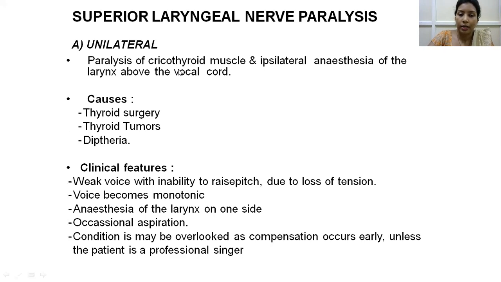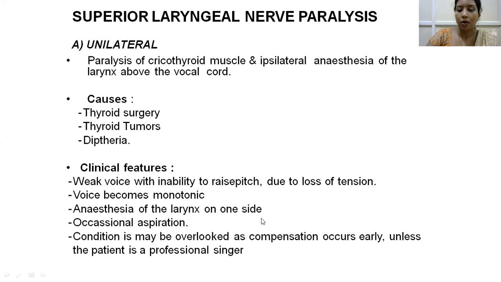So this cricothyroid muscle is the major tensor of the vocal cord. So since this tensor is paralyzed, the voice becomes weak. The patient is unable to raise pitch due to the loss of tension. So this is seen as a problem mostly in professional voice users such as musicians. The voice becomes monotonic.